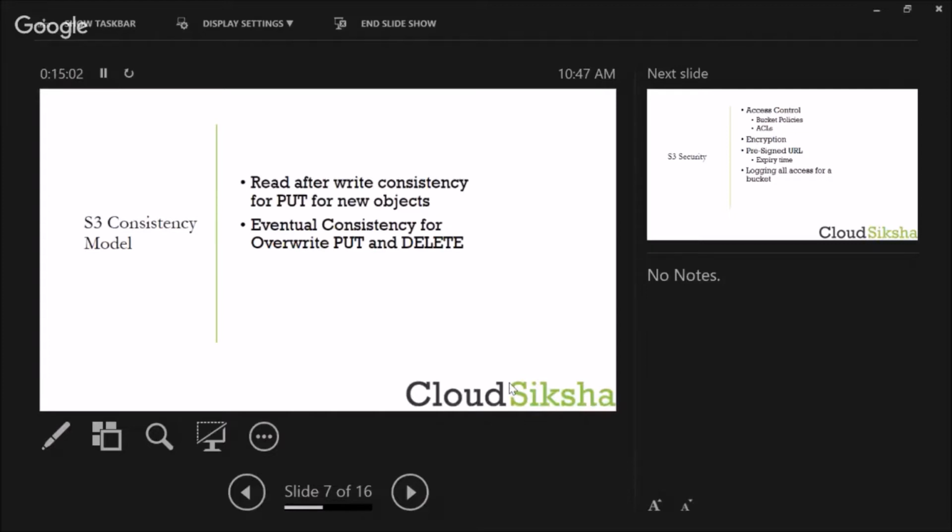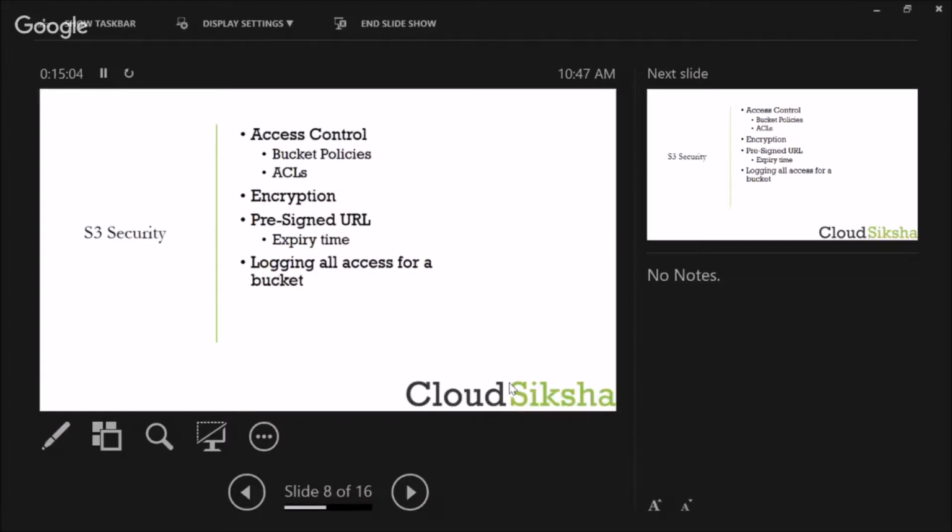The other questions that generally come up have something to do with the security of S3. Obviously, you are storing a lot of files and many of them are important files. So how do you ensure security for them? What help does S3 give you? From an exam point of view, some things that you get are the access control mechanisms.